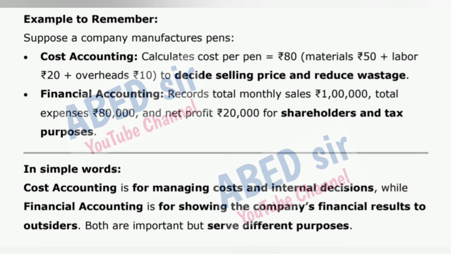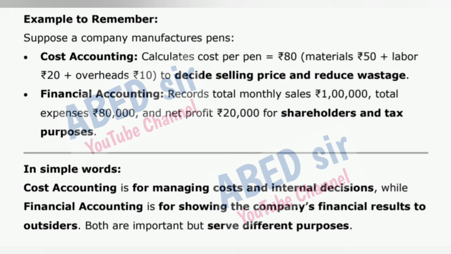Example to remember. Suppose a company manufactures pens. Cost accounting calculates cost per pen is equal to 80 rupees, materials 50 rupees plus labor 20 rupees plus overheads 10 rupees to decide selling price and reduce wastage.